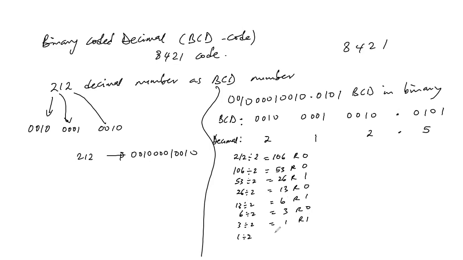And 1 divided by 2 gives 0, remainder 1. We also have 0.5. 0.5 times 2 gives 1.0, and 0.0 times 2 gives 0.0.